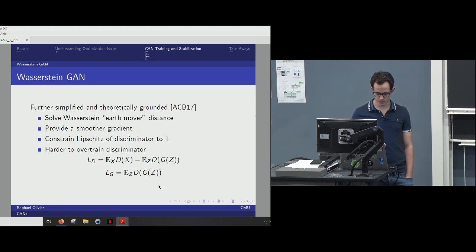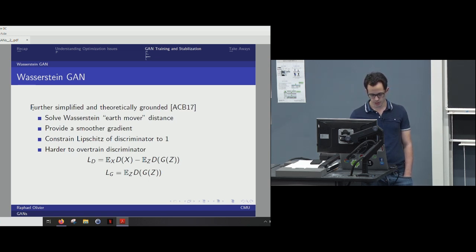But as it turns out, it's extremely theoretically grounded, much more than energy-based GANs, which seemed a little out of the blue, maybe. The Wasserstein GAN is trying to solve the problem of the Earth-Mover distance, also called the Wasserstein distance, that we're going to describe in the next slides.